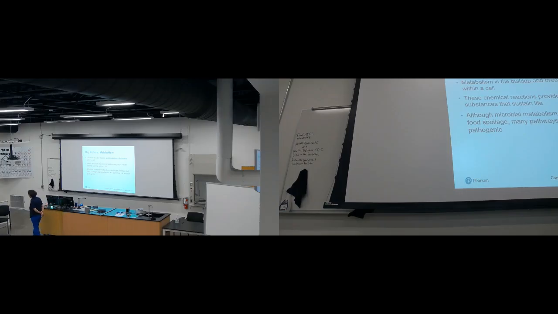Typically it is used to build up macromolecules like lipids, carbohydrates, nucleic acids, and proteins, but it can also be used to break down nutrients so that it can sustain life. And that happens in every living organism, including microbes.